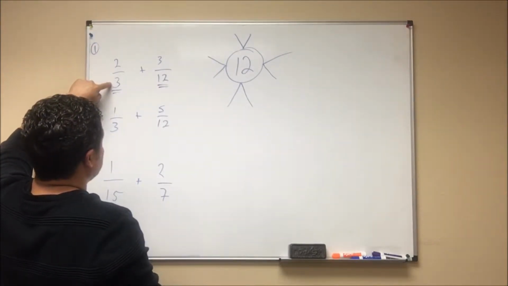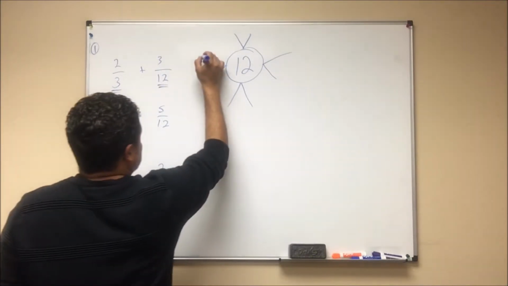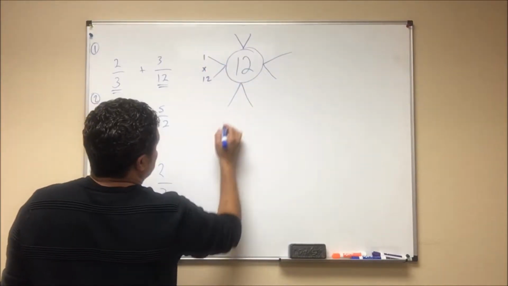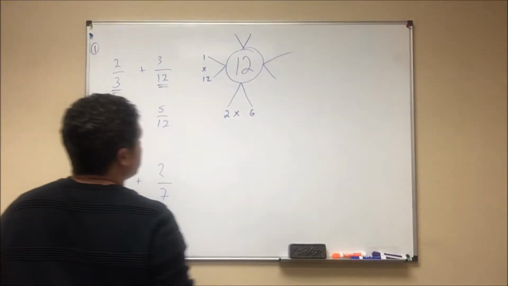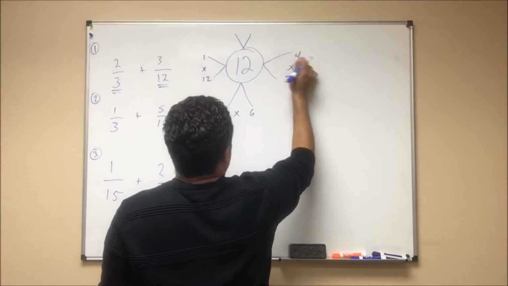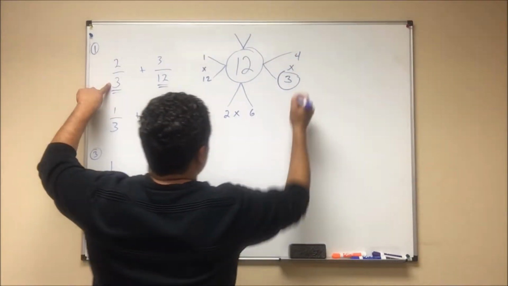You got to see if 3 is one of the common factors. In this case, 1 times 12 is 12. 2 times 6 is 12. 3 times 4 is 12. And guess what? We found the common factor. 3 is a common factor.